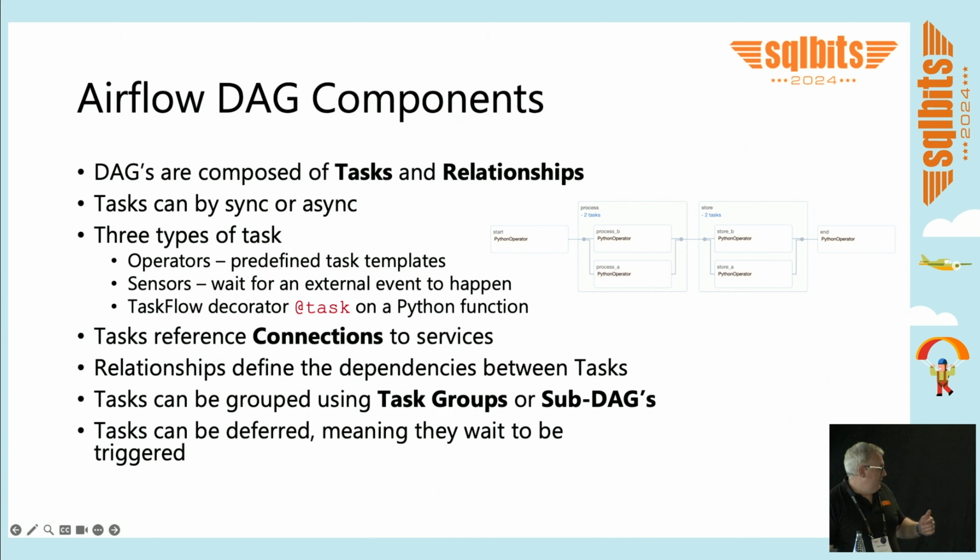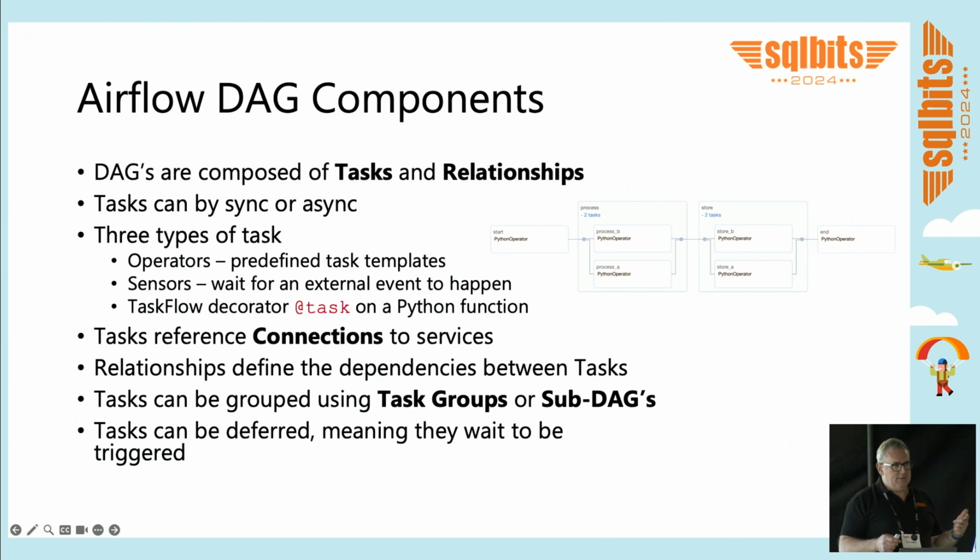And we have tasks, and we can group these into task groups and sub-DAGs. So this is where it gets slightly tricky in terms of how we group stuff up. So we said with ADF, it was very difficult to put 50 copy activities in something and then just depend on that group of them. We can do that with Airflow, but there's two ways we can do it.